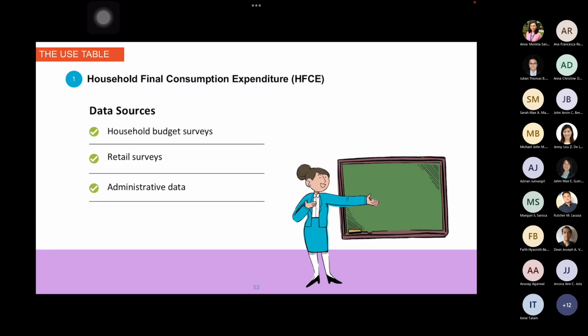So for the administrative data, this can be explored, and other regulatory data such as registrations and data on licenses can be combined to derive estimates of household spending on specific goods and services.